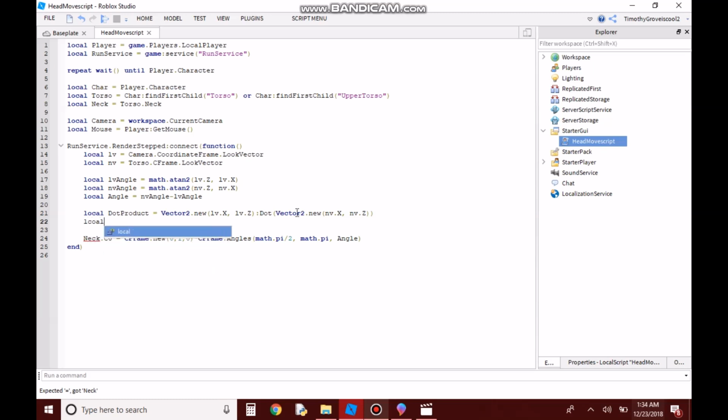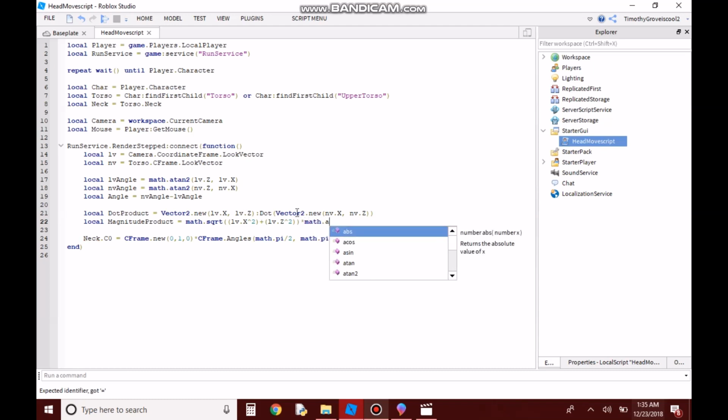And we also need to find the product of the magnitudes, so magnitude product, I guess, is equal to, we can find this by using the Pythagorean theorem, so math.sqrt, and then we do lv.x squared plus lv.z squared, times math.sqrt, and then we have nv.x squared plus nv.z squared.